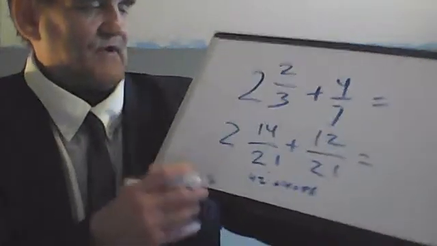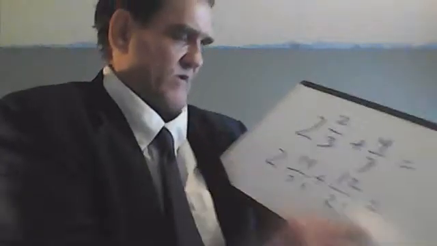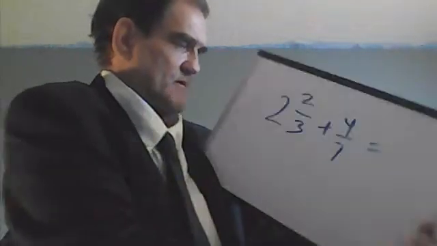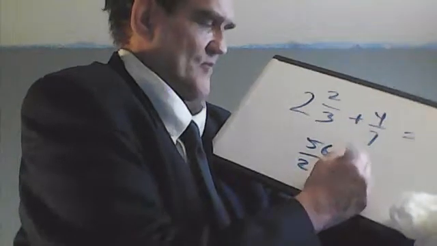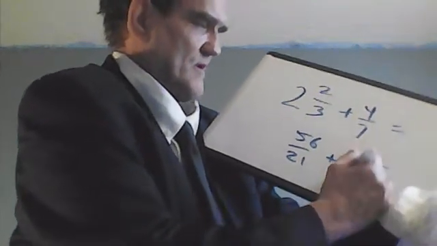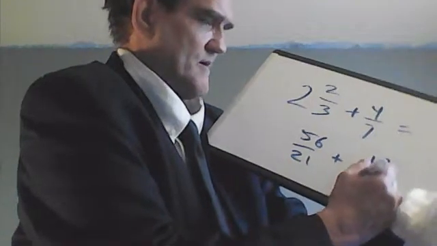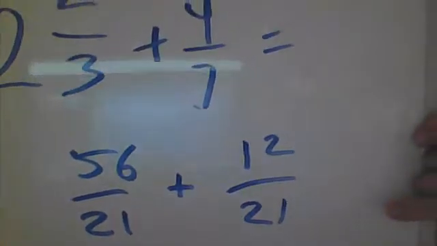Therefore, and let me erase this real quick so we can see the number, you'll now have 56 over 21 plus 12 over 21.